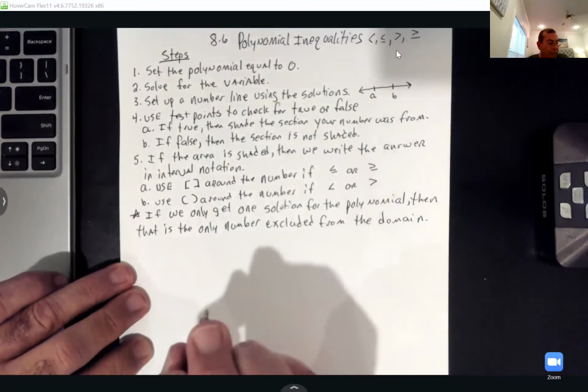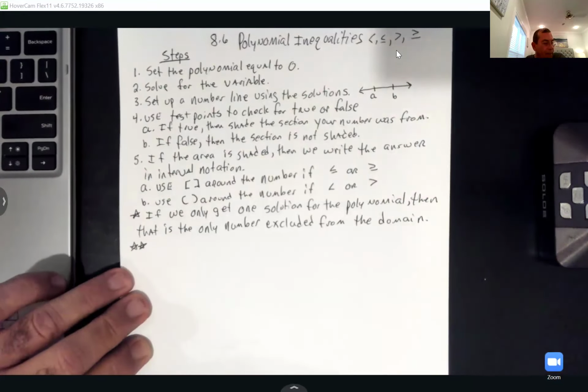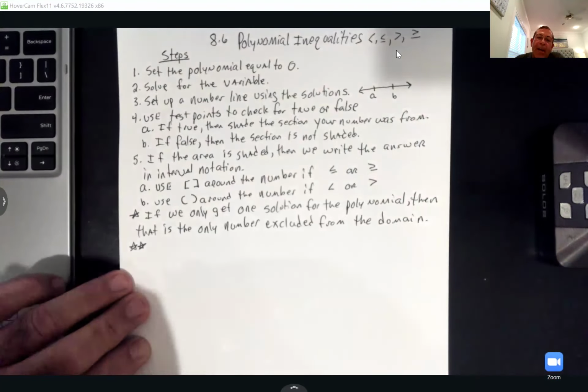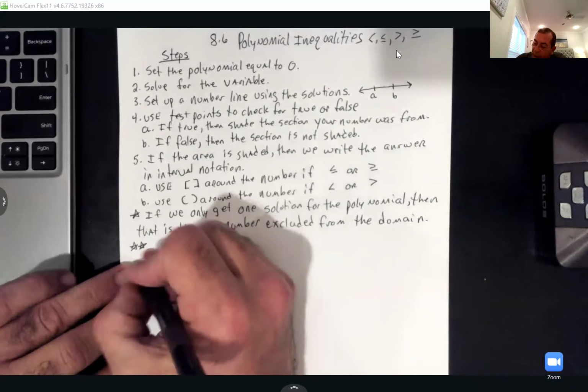Okay? And there's one more thing that could happen on these. What if we cannot factor the polynomial or solve it and get real numbers?